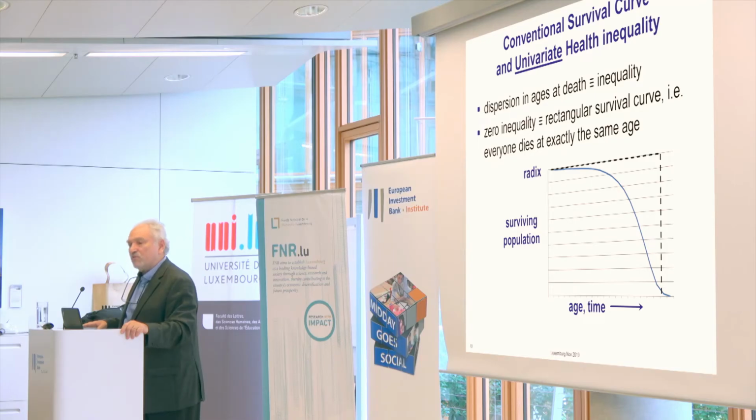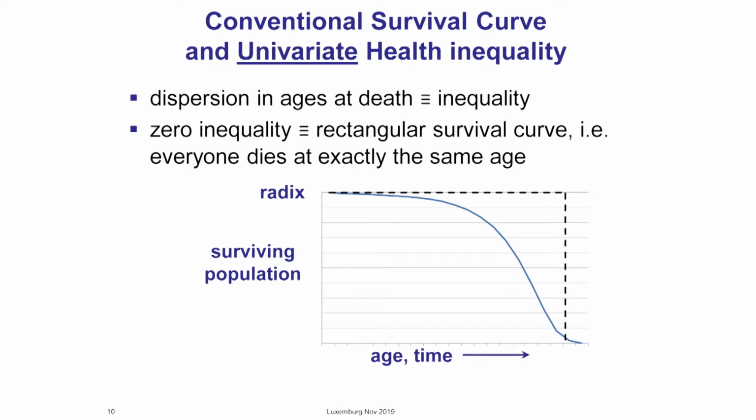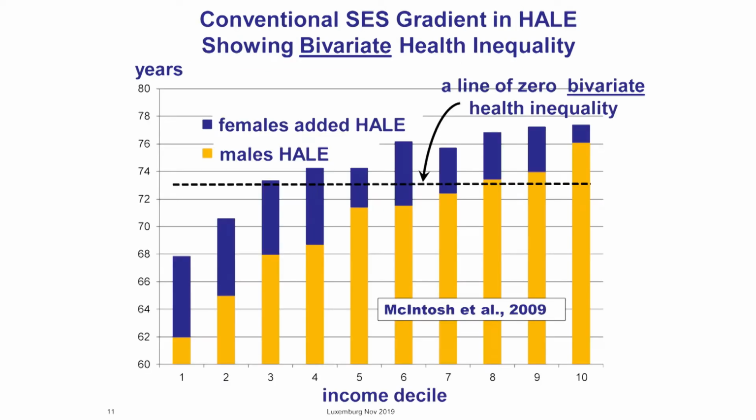Now, if we're in the world of Julian Le Grand and univariate health inequality, if we want to talk about complete equality, there would be no difference in the ages at death. Everybody would die at exactly the same age. If we're talking about bivariate health inequality, here's some research using HALE, health adjusted life expectancy, from my former colleagues at StatCan.